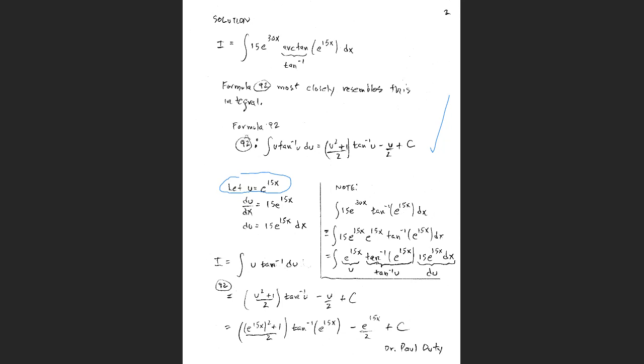Formula 95 is a very general formula, but when n equals 1, it collapses into formula 92. I'll show you why n can't equal 2.